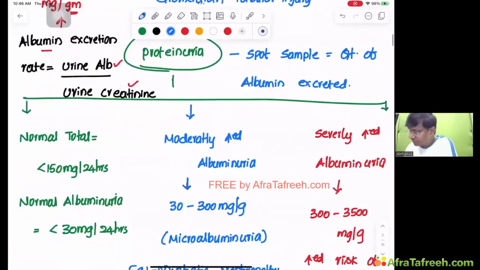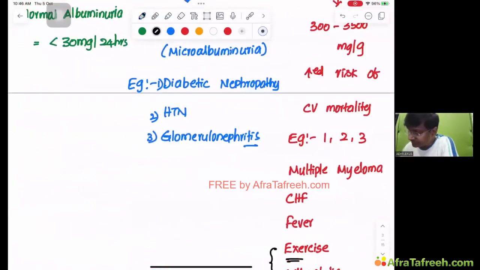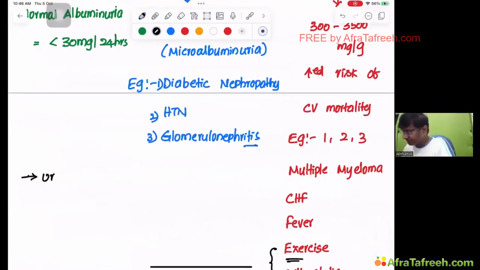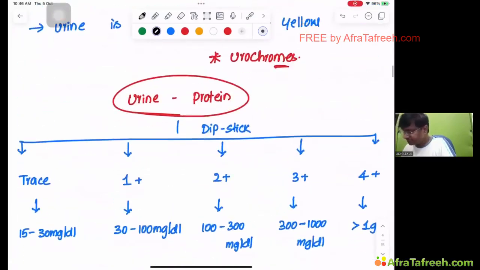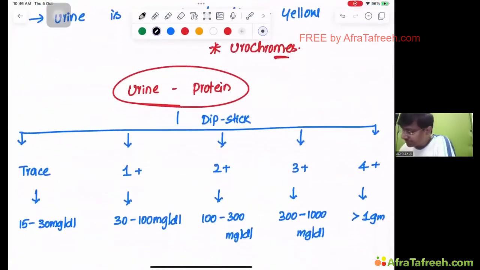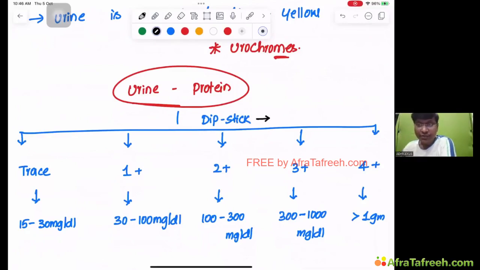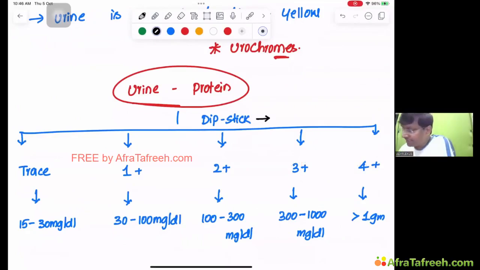One add-on point I want to tell you here is about the urine dipstick test. The urine dipstick test will detect or quantify the proteinuria. But one point you should understand is that the urine dipstick test will detect or identify only negatively charged proteins.